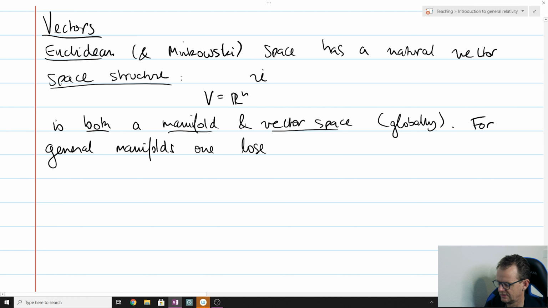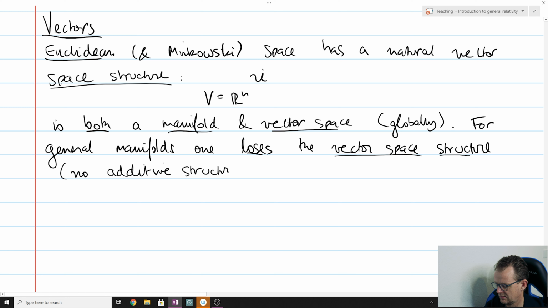So one loses, and even if you look at the sphere, you can see that this is the case. One loses, as an example of a manifold, the vector space structure. It's too bad, hey? Because there's no additive structure anymore.